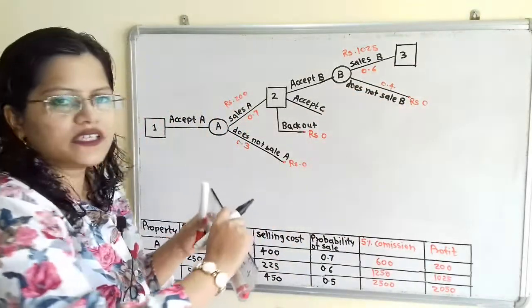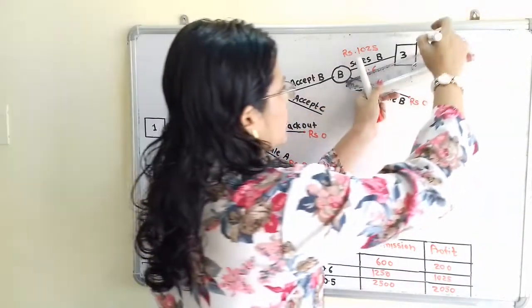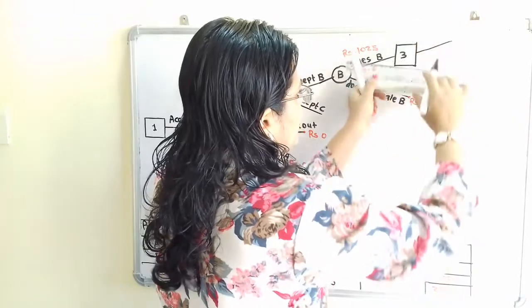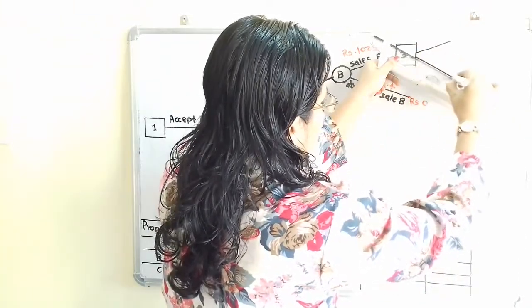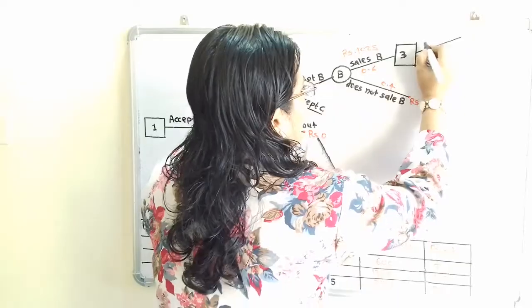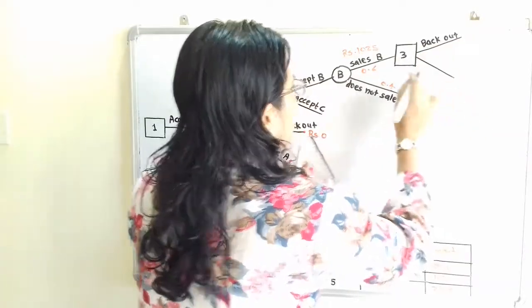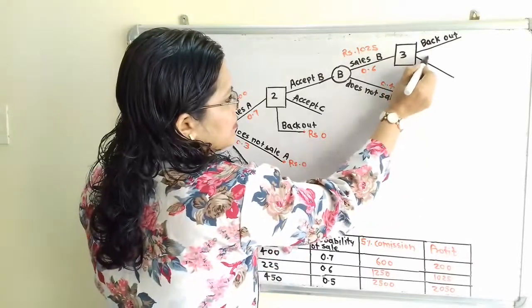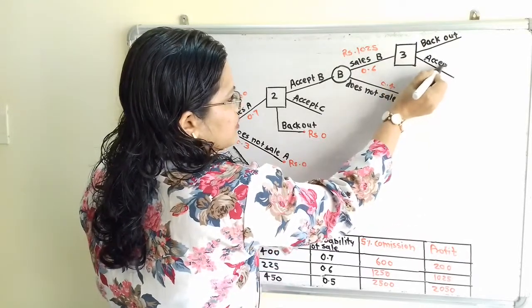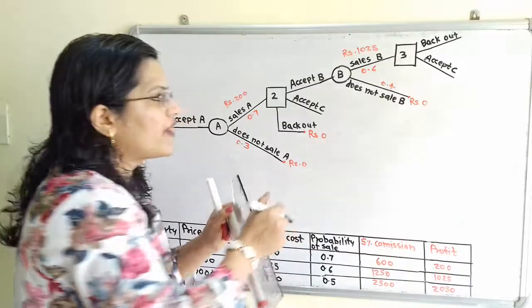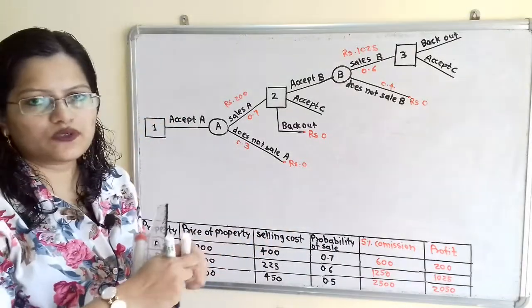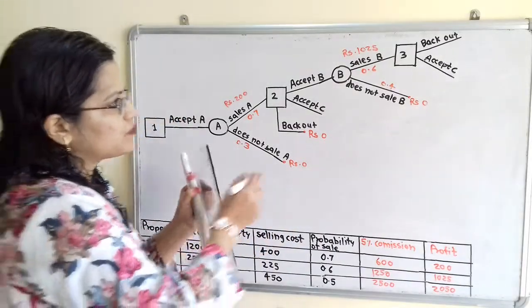Now for this third decision, there are two decision branches. So first I will say that is back out, and second will be he will accept the offer for C.